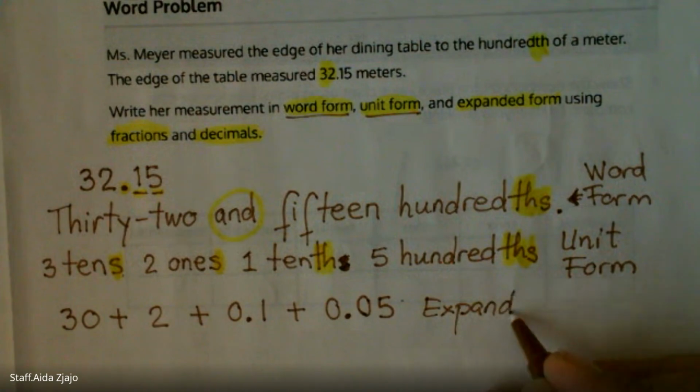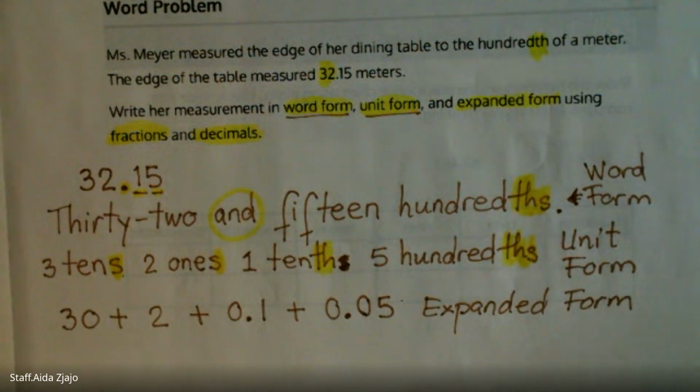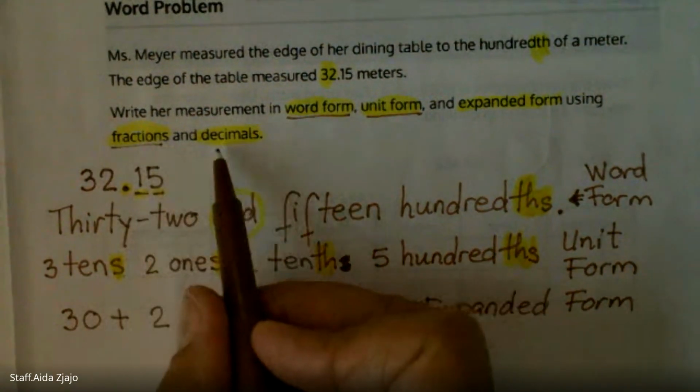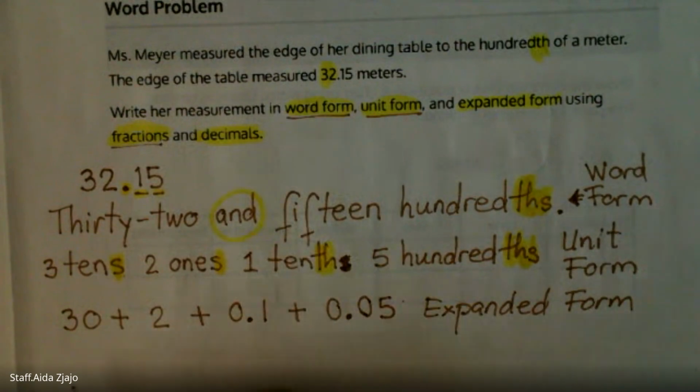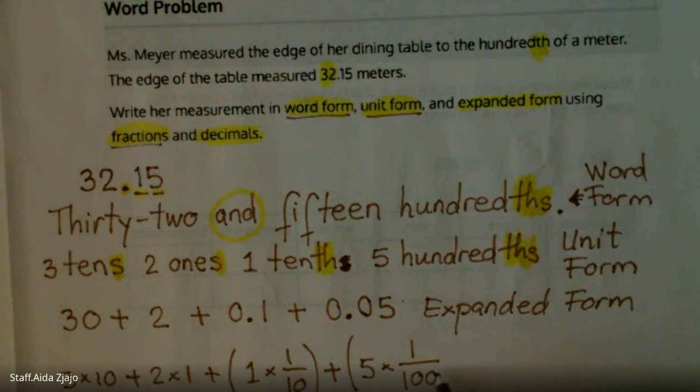Now we're going to use this expanded form, but as a fraction and then as a decimal. Let's do fractions. It's 3 times 10 plus 2 times 1 plus, in parentheses, 1 times 1/10, plus 5 times 1/100.